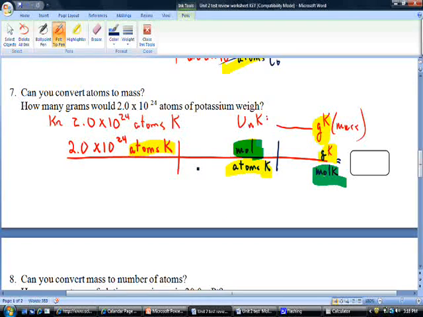Well, what is the relationship between moles of potassium and atoms of potassium? I hope it doesn't take you long to recognize that this is the relationship. 1 mole of potassium is 6.02 times 10 to the 23 atoms of potassium.